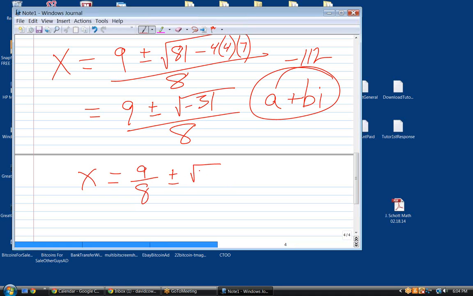Do I need to have the imaginary for this? Yes, because we have the square root of a negative number. So it's always going to be an I involved, and both solutions are going to be imaginary. There's no real solution here.